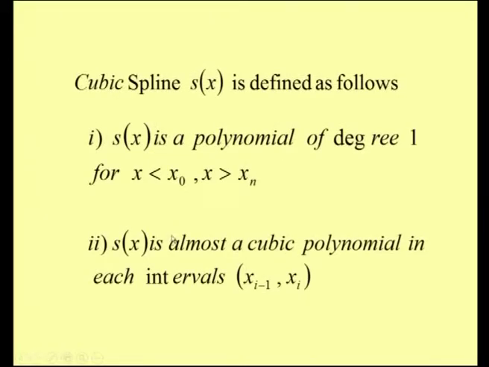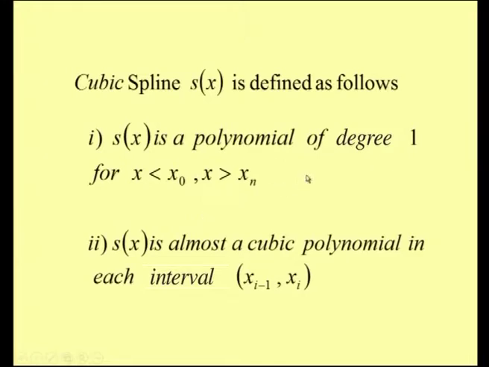Actually, the cubic spline has some special properties, and it is defined as follows. S of x is a polynomial of degree 1 for x less than x naught and x greater than x n, because your x values will be from x naught, x1 etc. up to xn, and the corresponding y values will be from y naught, y1 etc. up to yn.